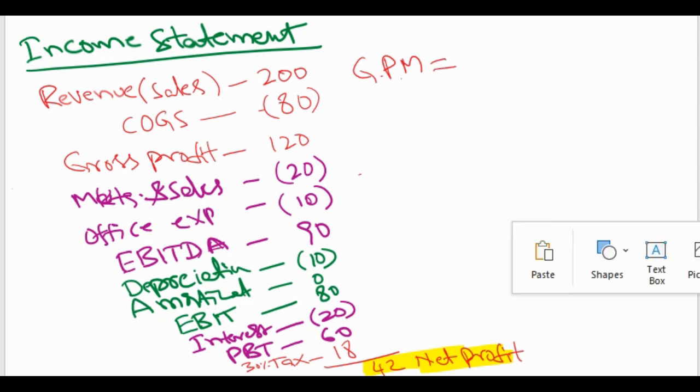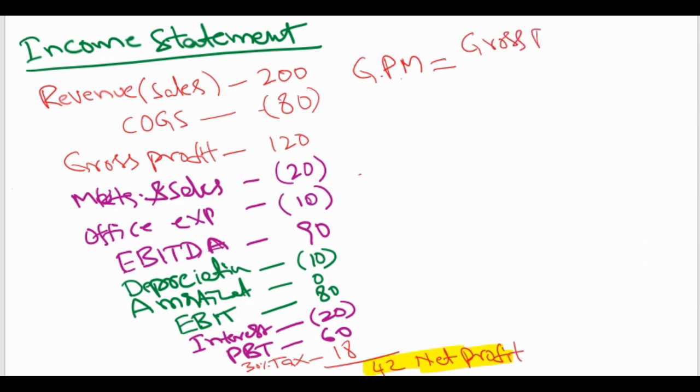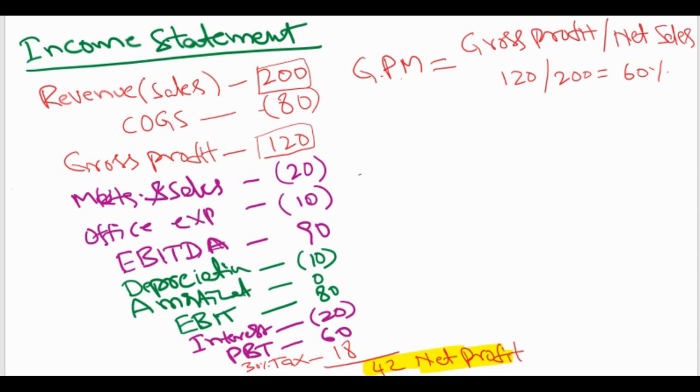You need to take gross profit divided by net sales. Gross profit here is 120. So 120 divided by net sales, sales is 200. So equal to 0.6, which is 60%. So gross profit margin is 60%.